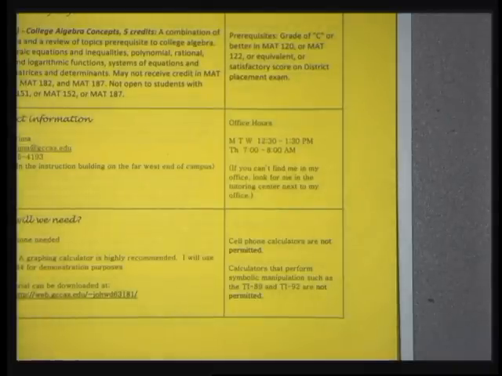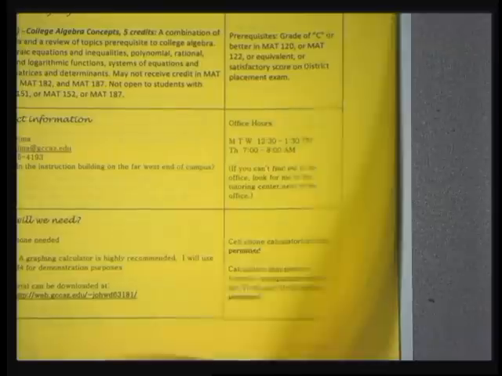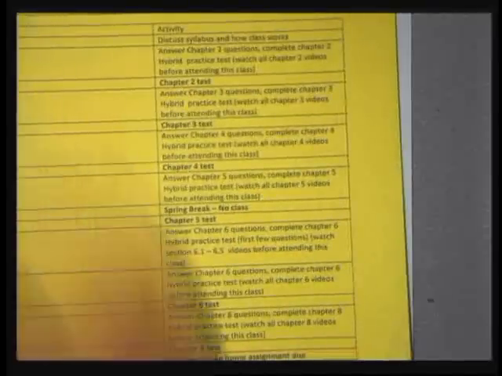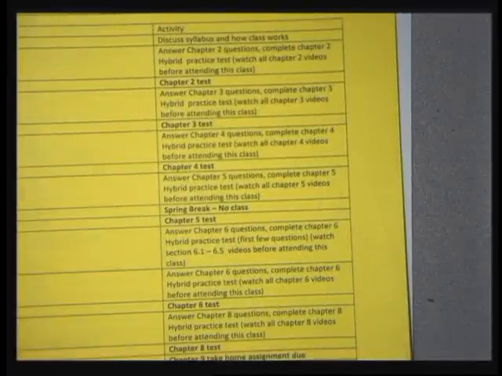So I'm going to get started doing section 2.1, and somewhere on your syllabus there's going to be a calendar that tells you what you should be doing by when. For this particular semester, it's a spring semester.